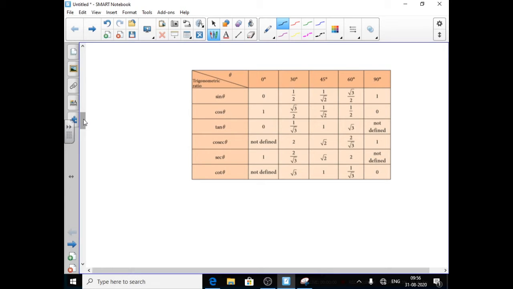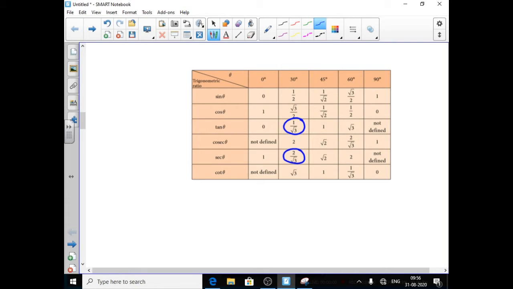So now we want to find the value of tan 30 degree. So tan 30 degree value is what? Tan is here, the third line. Tan 30 degree is equal to 1 by root 3. Okay. Then secant 30 degree. Secant 30 degree is 2 by root 3. Okay.